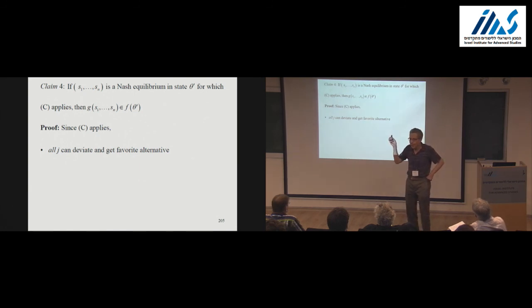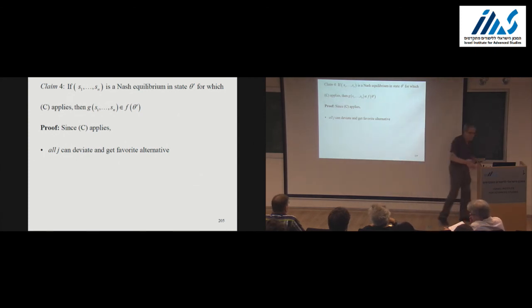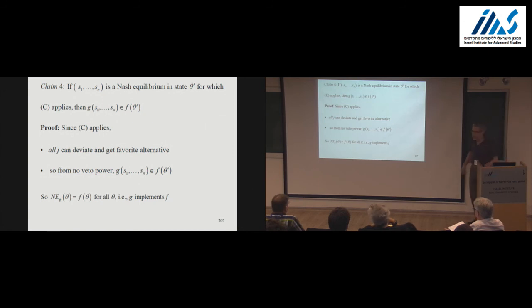So, a fortiori, just applying the same logic as the previous claim, we must be in a Nash equilibrium where everybody is already getting his favorite alternative, and therefore it must be optimal. And that's it. That's the proof for why this construction works.